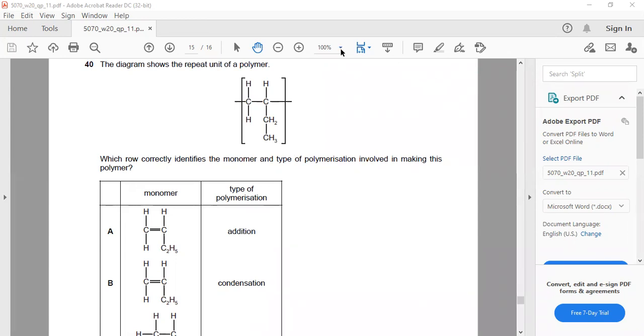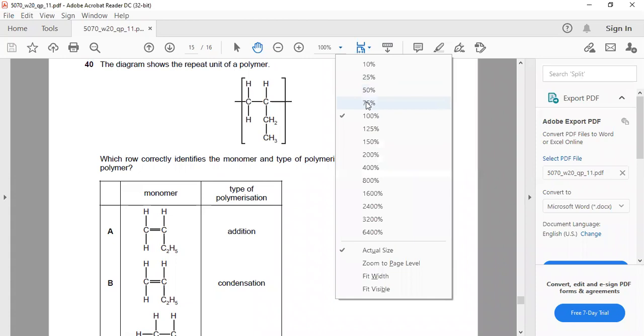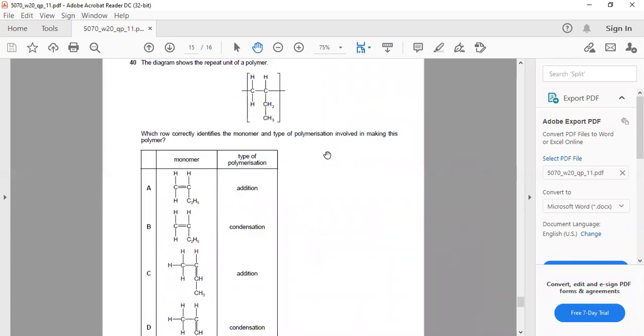Let me see the other options. Yes, so it cannot be condensation, it's addition. So the double bond, the monomer should be exactly similar to this, with a double bond only. So what's the answer? A is the answer.